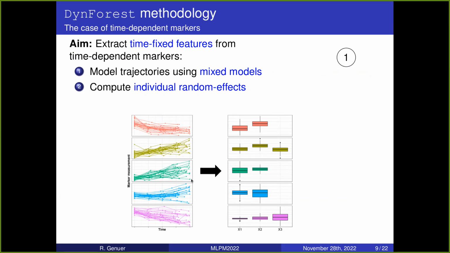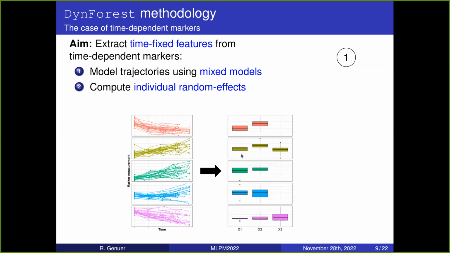So what we did here is that we apply mixed models to model the trajectories, one by one. So for example, for the orange or red one on the top here, we apply a mixed model to model this evolution. And then we compute individual random effects. So here we have several random effects. The number of random effects will vary according to the model that we use. For example, if we use a linear mixed model, we only have a random intercept and a random slope.